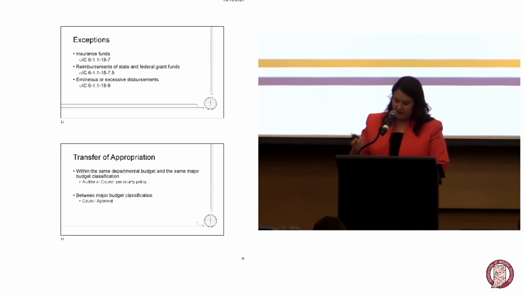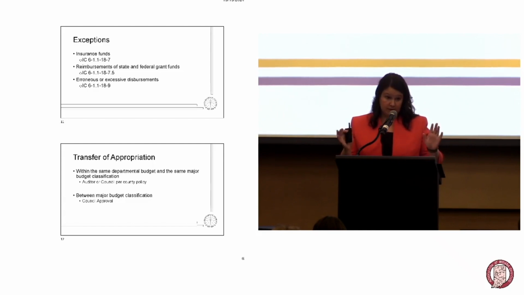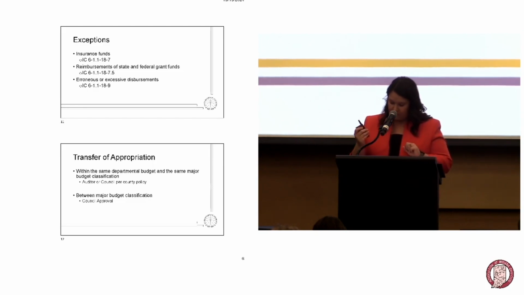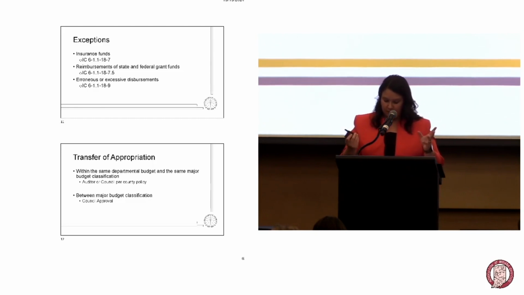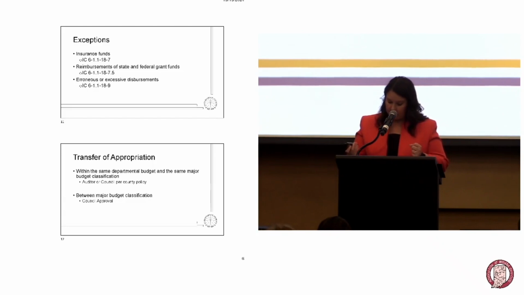If the transfer is within the same department, budget, and same major classification, the county auditor, if county policy allows, so if you have a different county policy, take that into consideration, or the council can approve the transfer. An example of this would be if a department within the general fund has several items of appropriation within their supplies budget and wants to transfer appropriation from one line in the supplies budget to another line in the supplies budget.